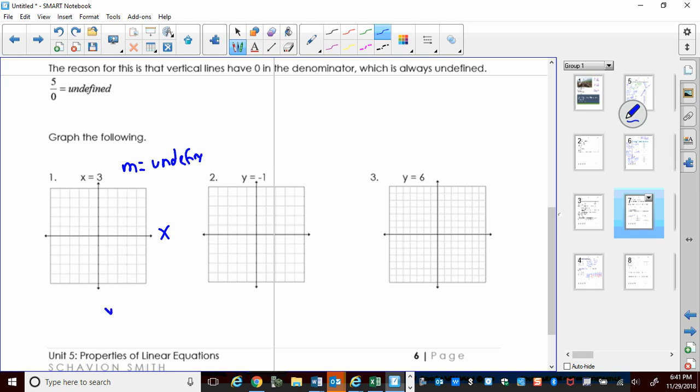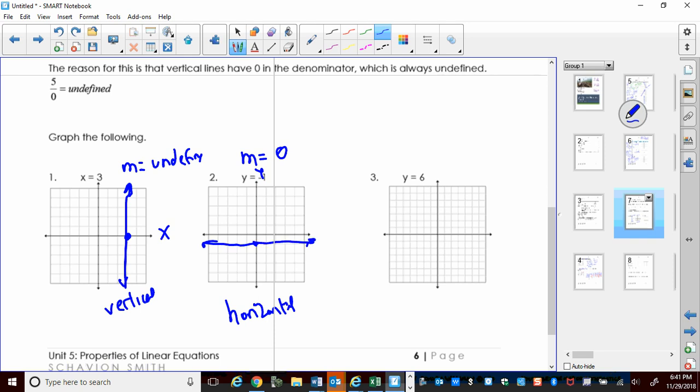The line is vertical. So go to x equals 3, create my line. For y equals a number, my slope equals 0. This is a horizontal line. Okay, so I go to the y-axis, find -1, create my horizontal line.